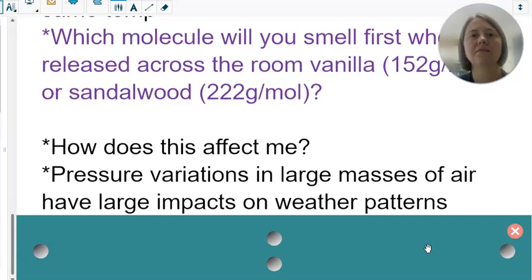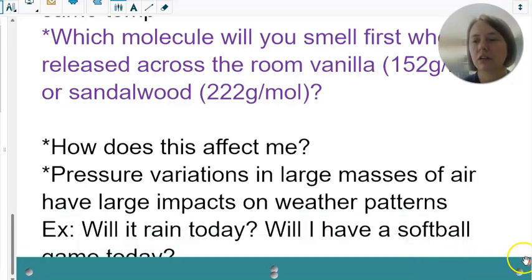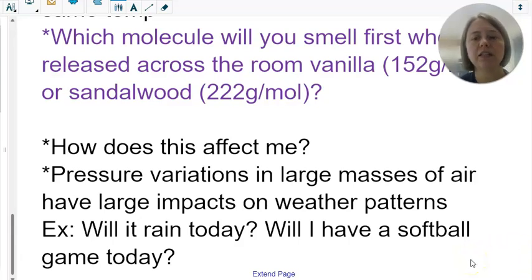Are we going to have a thunderstorm? Is it going to be gray and rainy all day long? For example, will it rain today? Will I have a softball game today? These are all things that are determined because of pressure variations on large masses of air, which depends on gases.